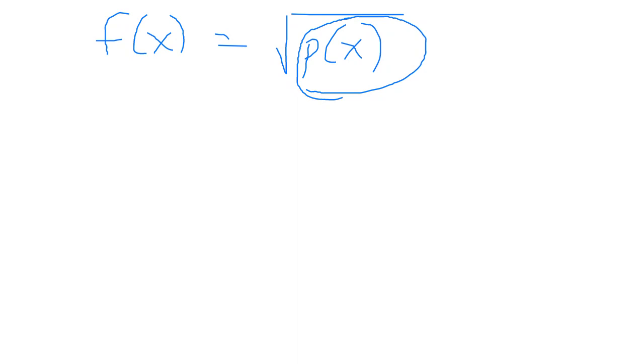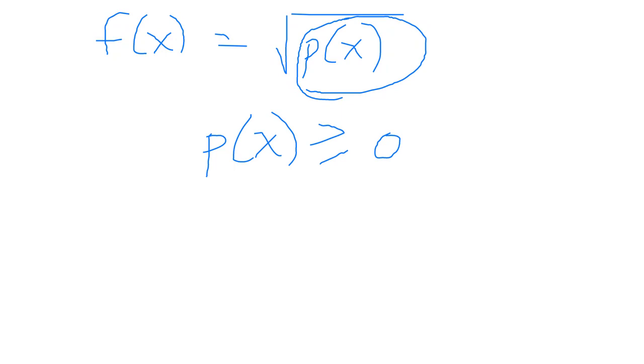So I need values of x such that when I put them in p of x, I get either a 0 or a number greater than 0. So for my domain, it is going to be p of x greater than or equal to 0.